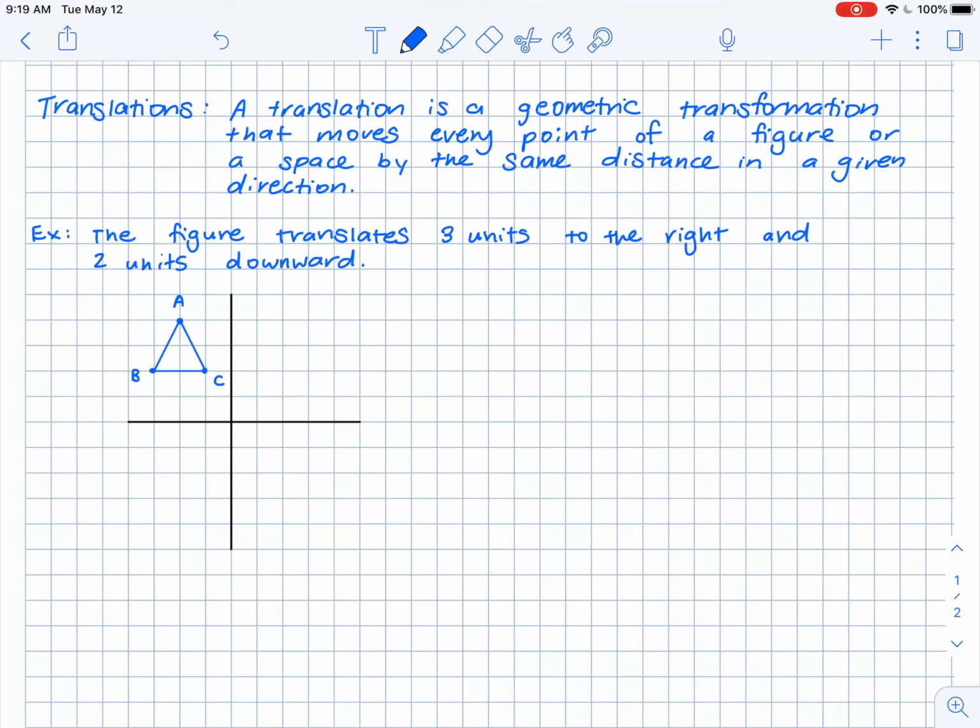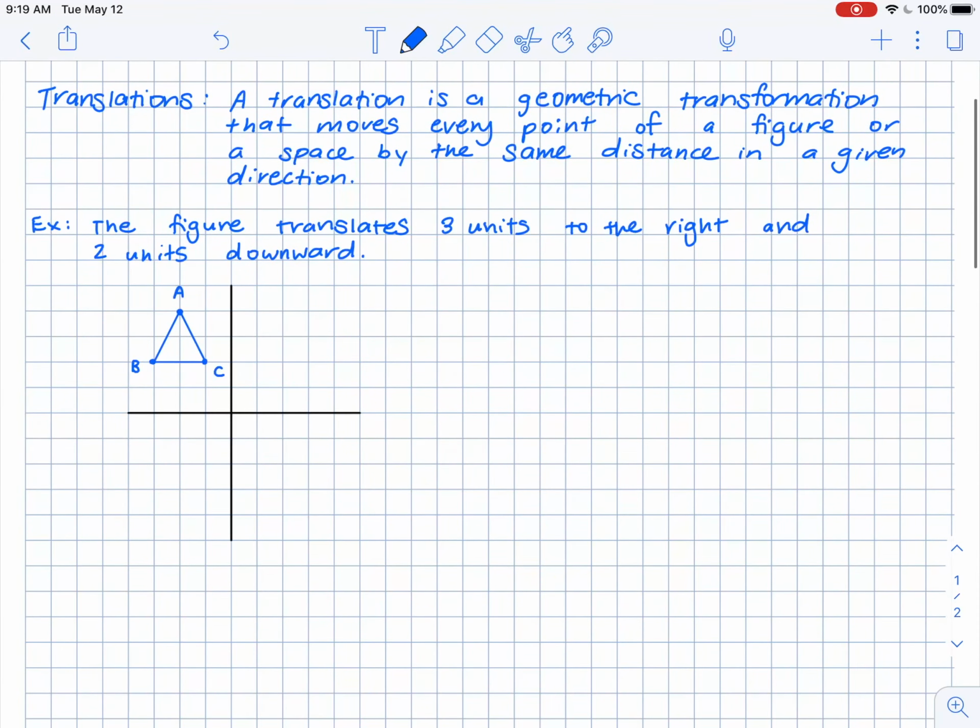Alright, so the figure translates 3 units to the right and 2 units down. What that means is you're going to take each point, move it 3 units to the right and 2 units down. So let's take A for instance. I'm going to move it 1, 2, 3 units to the right and 2 units down.